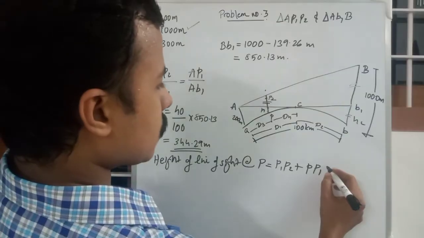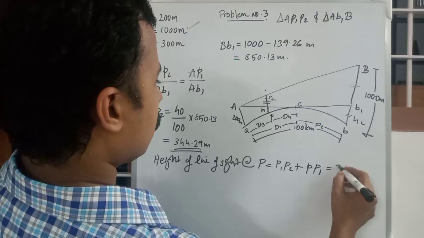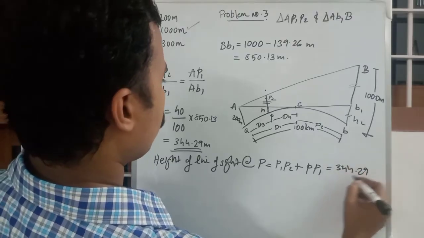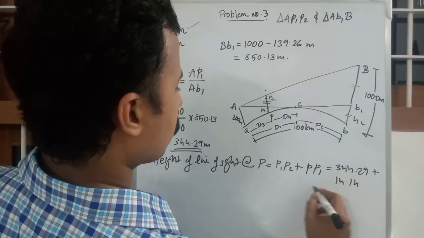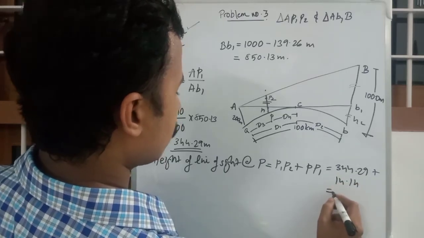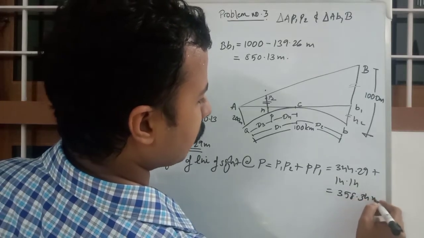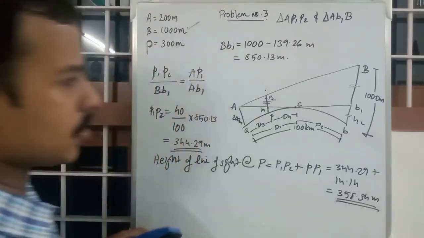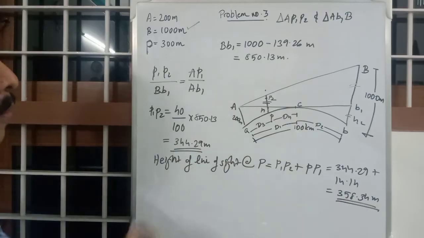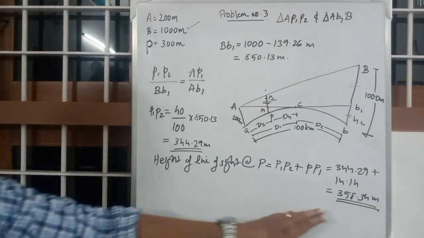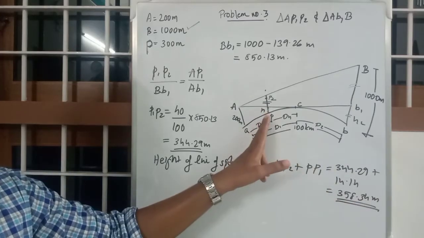So that is 344.29 plus 14.14, which is equal to 358.34 meters. That is P2. So that is the height of line of sight at P.